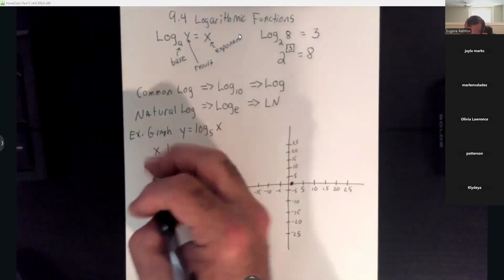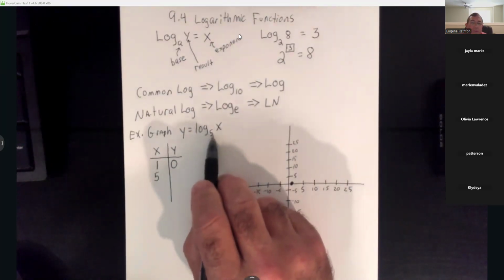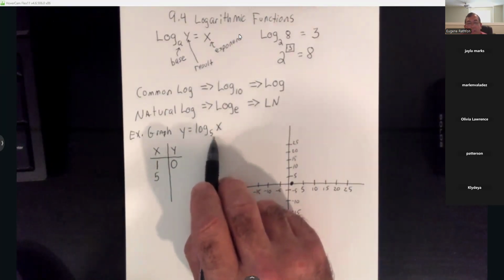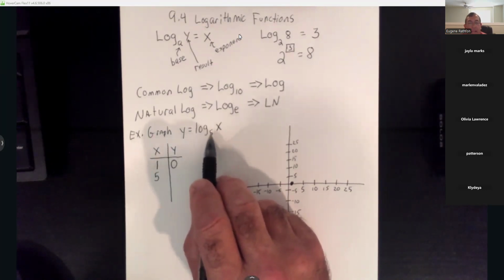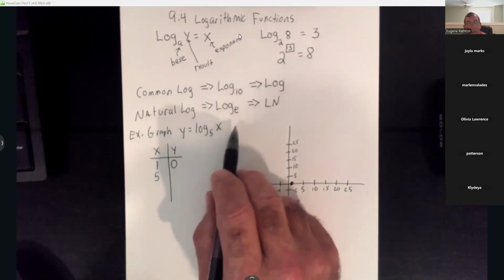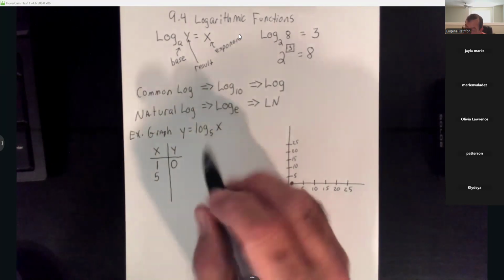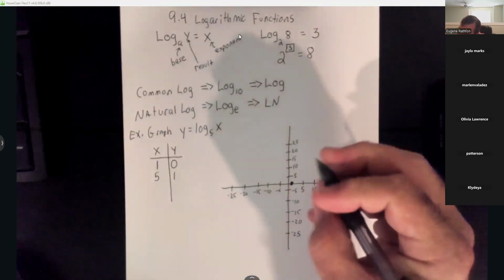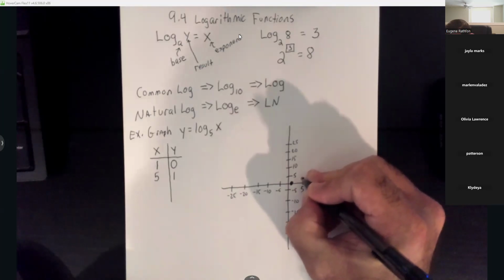So let's see, what if x was 5? So I'm trying to pick numbers that are multiples of these 5s here, okay? So if I got a base of 5 and the result is 5, what exponent would I raise 5 to equal 5? And that would be a 1. So this goes through 5, 1 right here.